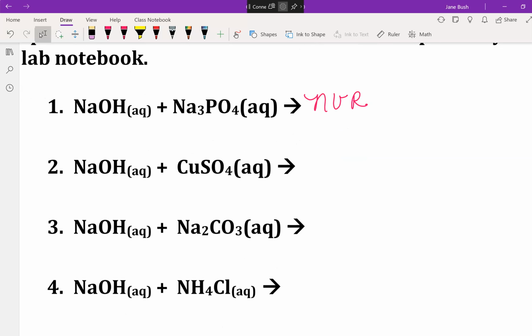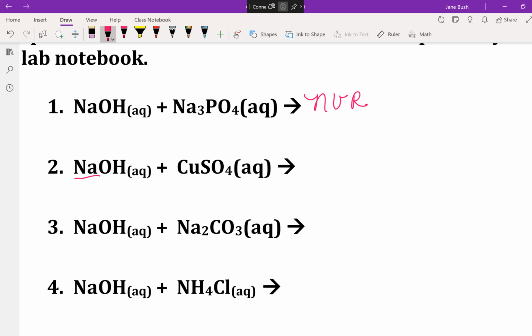Number 2. The sodium and the copper are going to switch places. The sodium is going to bond, or it could pair, with the sulfate, but we know what about sodium? It always is aqueous. All right, copper 2 hydroxide, though, could be different.